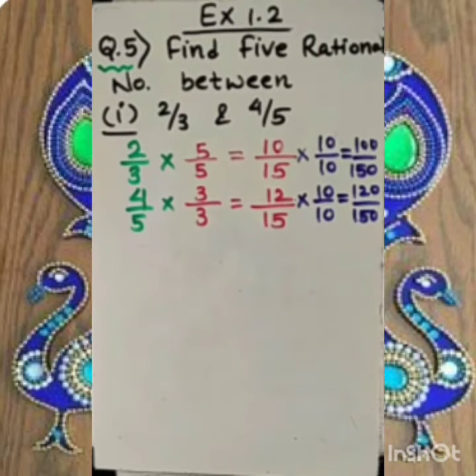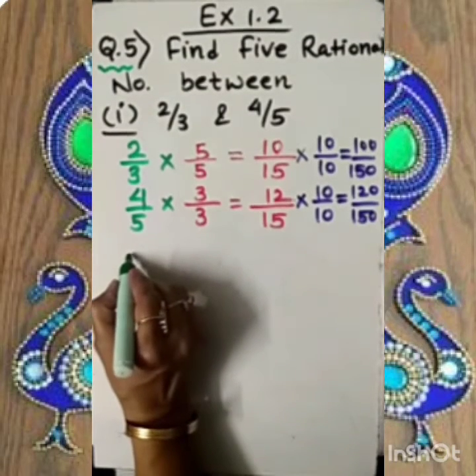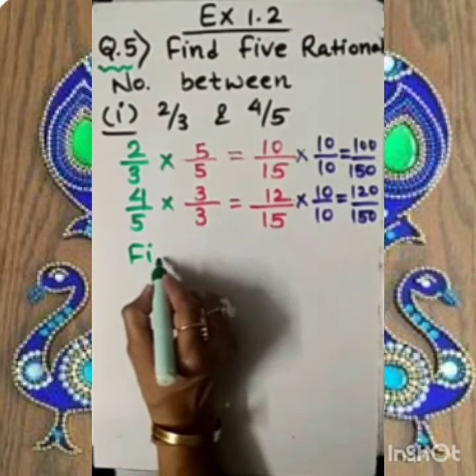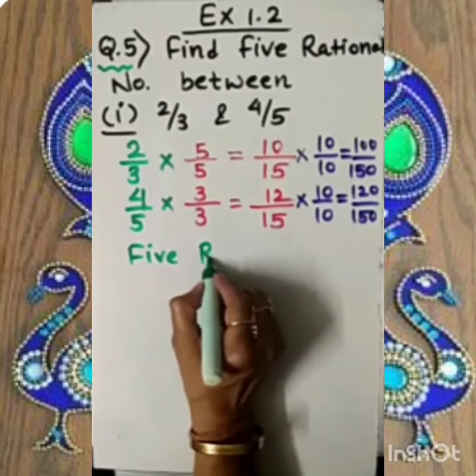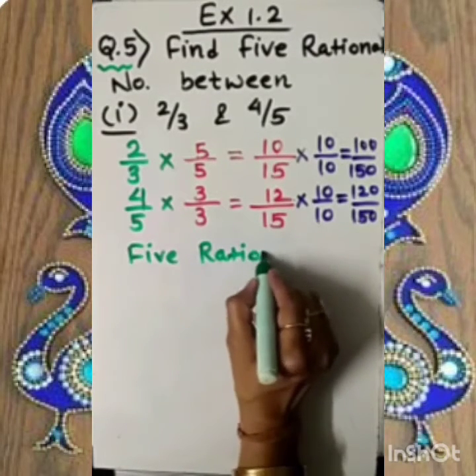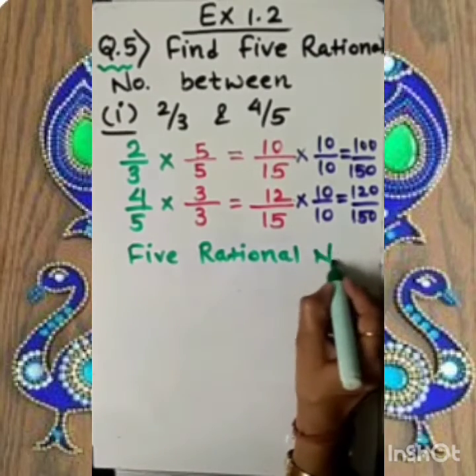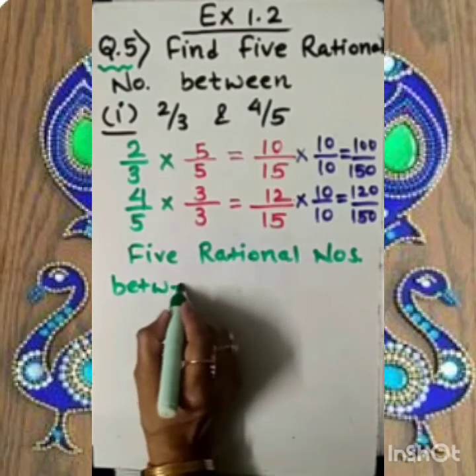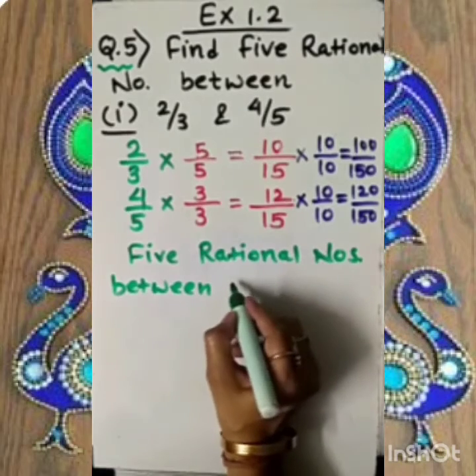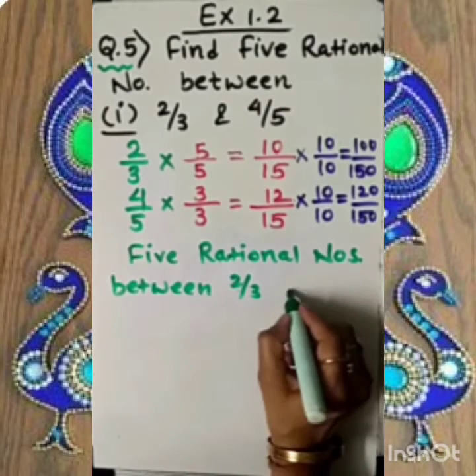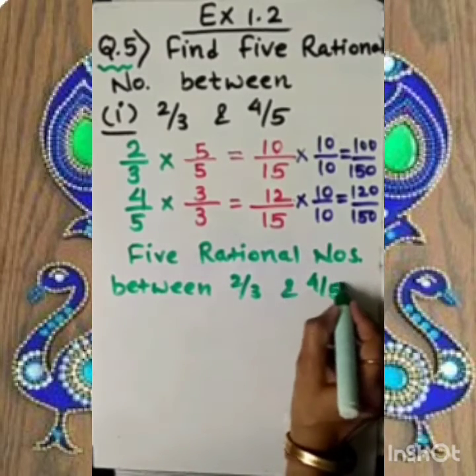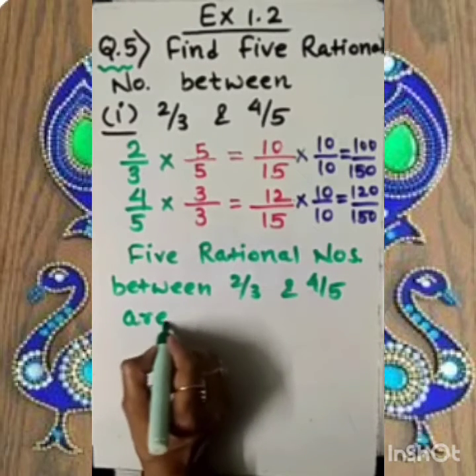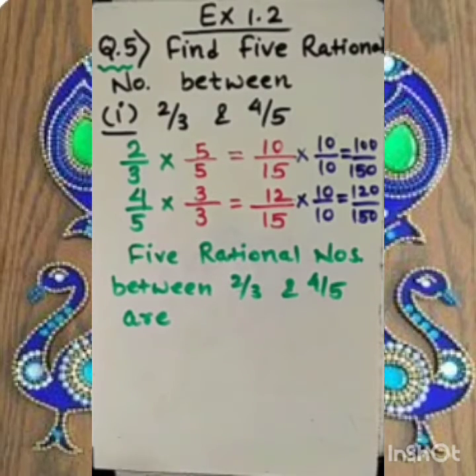So now we are choosing the numbers randomly. We need to mention 5 rational numbers between 2 by 3 and 4 by 5. Which are they? Let's note down. First of all, I would take 100 by 150.